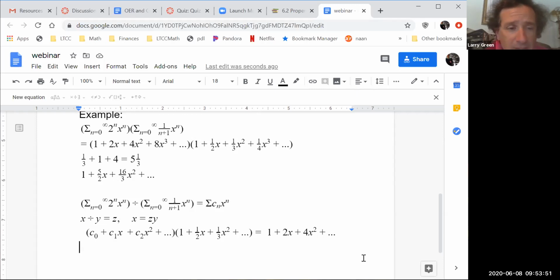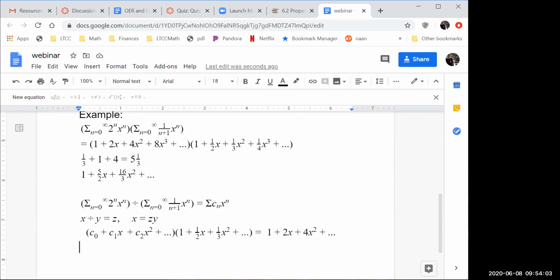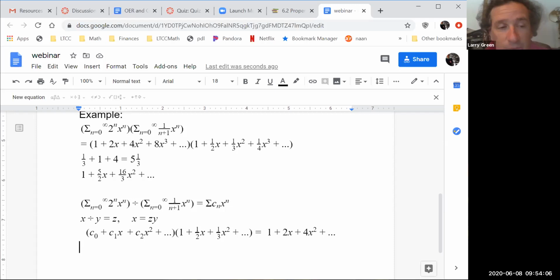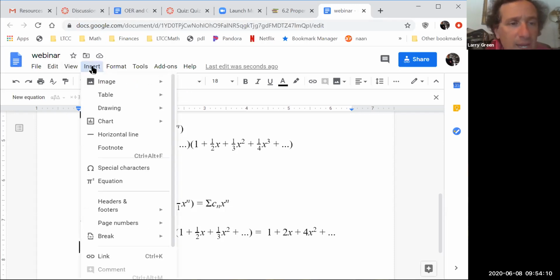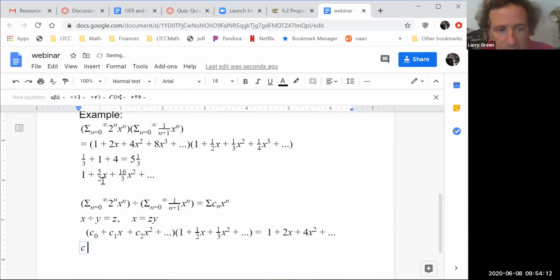Okay, so now we say, well, what is C naught? Can you tell me what C naught is just by looking at this equation that I have? Yeah, C naught is 1, because we need C naught times 1 equals 1. So C naught is equal to 1.